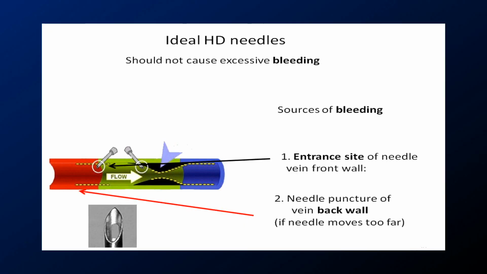The Teflon is like plastic, the same stuff that you use for your non-stick pan, so it's soft and it's not traumatic. It should not pop through the wall of the vein. The problem is patients dialyze for 4 hours and they cannot move. If they move their arm, the needle pops through the wall and causes severe bleeding.